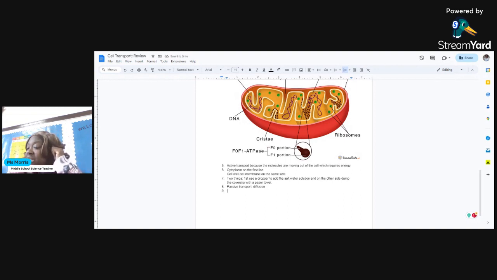Is the solution in the beaker hypotonic, hypertonic or isotonic to the cell? Explain.